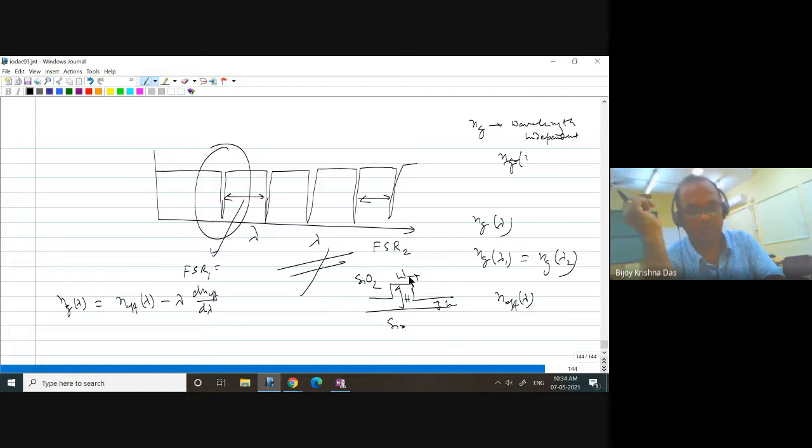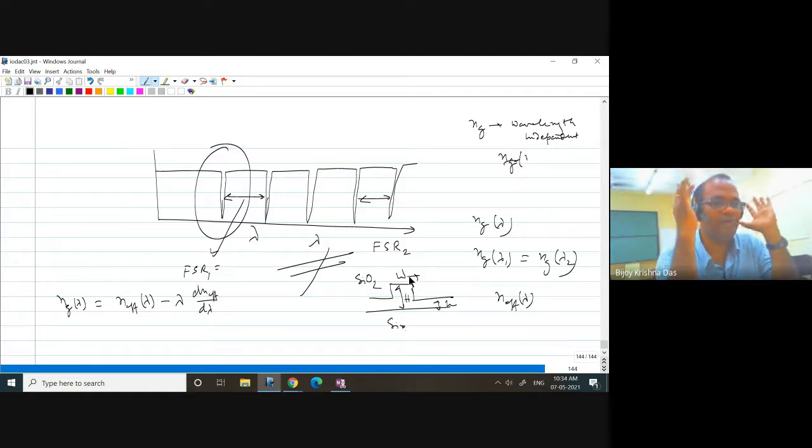Don't consider any expressions or anything. Just intuitively think about lambda, wavelength, electromagnetic wave, that type of concept. Based on that, can you tell me if you are increasing W, will the dispersion of the guided mode be more or less? Any idea?